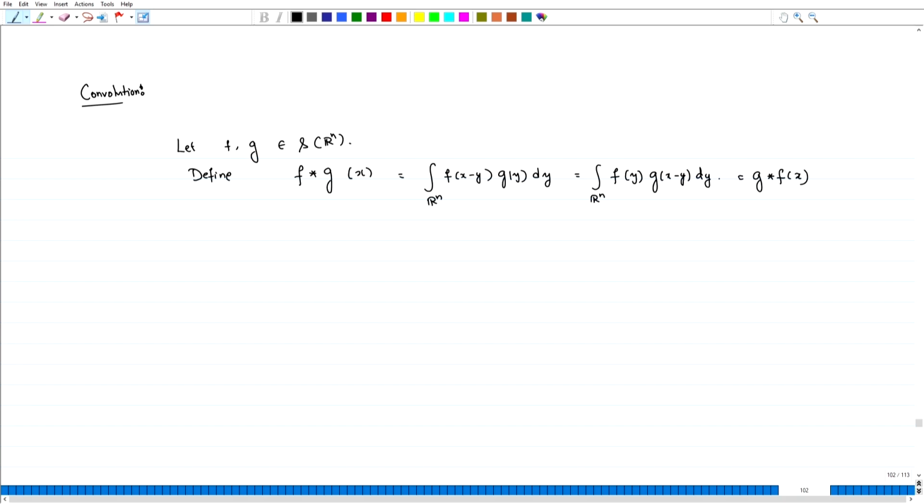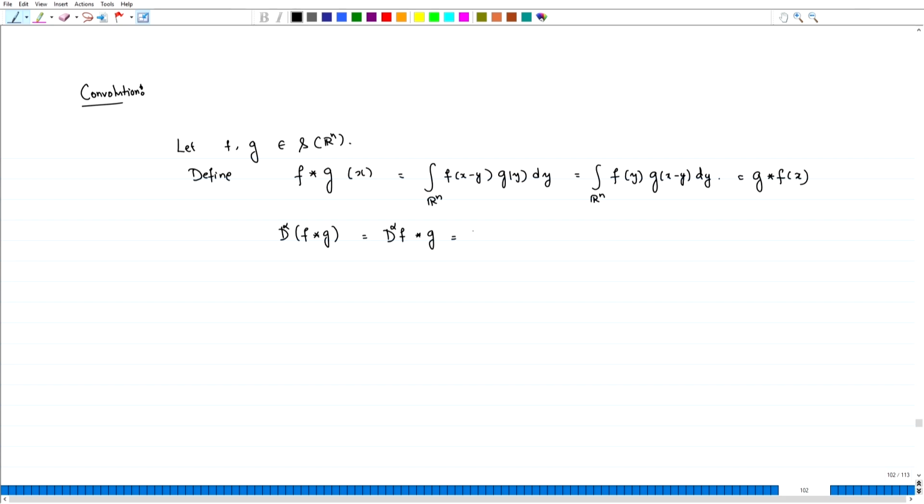Now, one can easily see that D^alpha of (f convolution g) is equal to D^alpha f convolution g, and there is nothing holy about it.